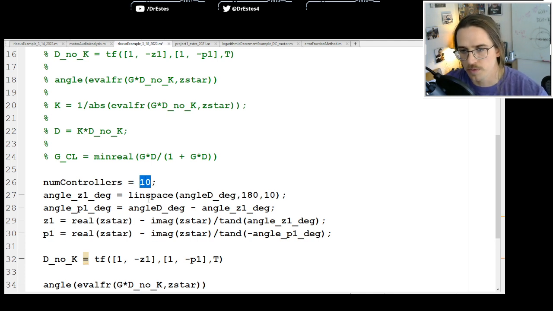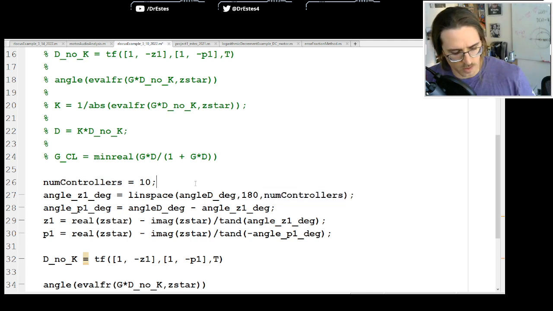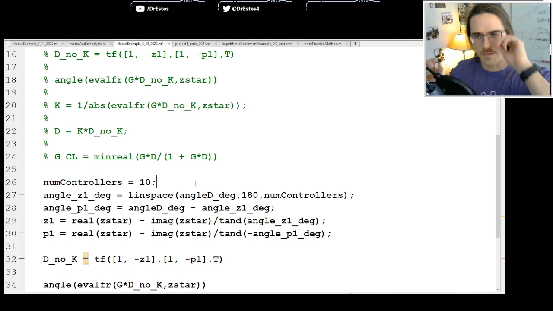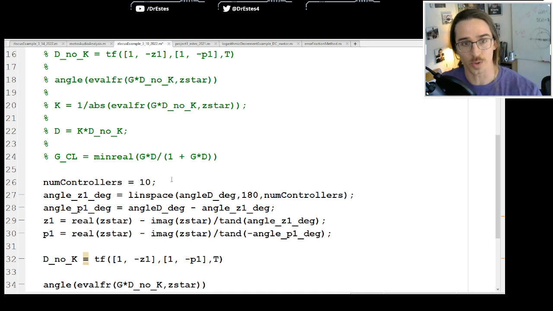But there might be multiple feasible solutions. Shouldn't we use an objective to make it unambiguous which one is best and which we should use? So you make a good point that if I just pick 2 target closed loop poles, in the end, I'm still going to have a bunch of controllers that do a good job.